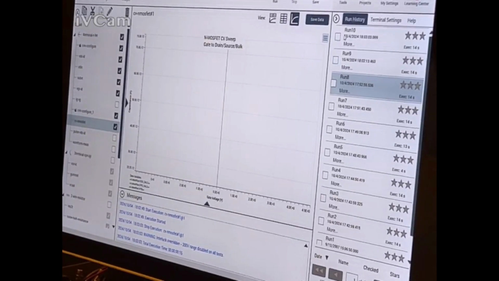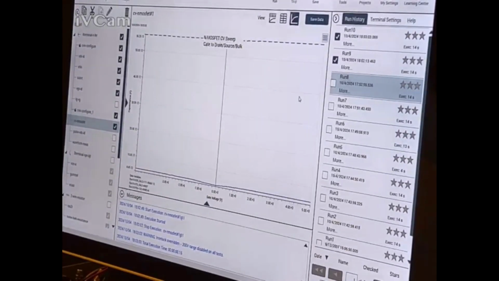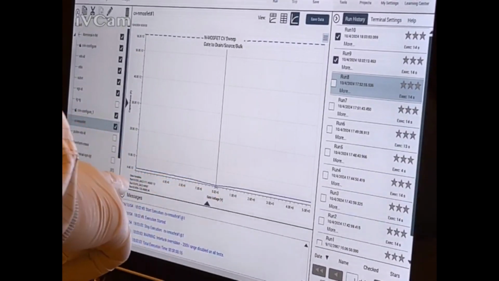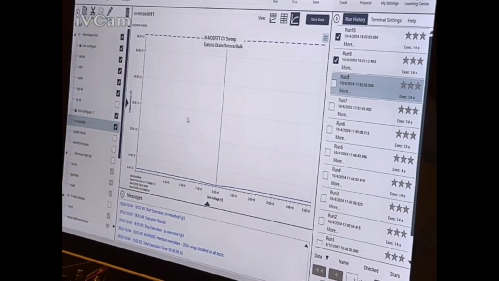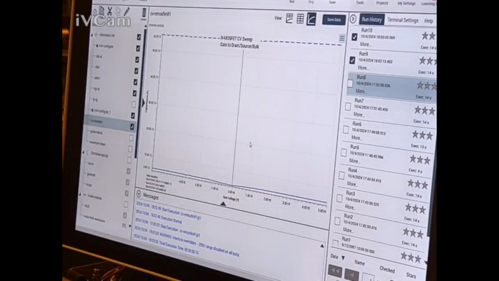It's showing it as a flat line. It's not a flat line, it's just that the scale is way wrong. What the heck is that all about? Okay, here's what we're gonna do. We're gonna start over. That's just not right.